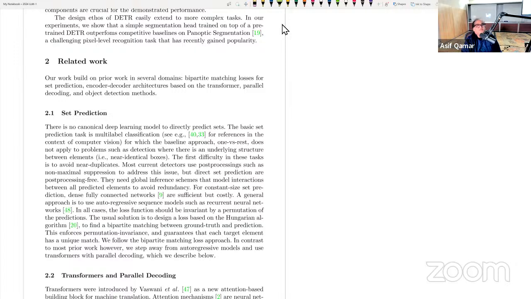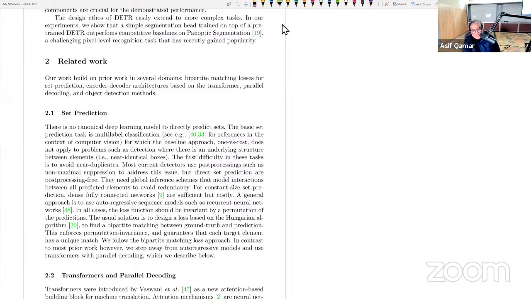Standardized. Canonical comes from the word canon. Canon is a set of standardization rules. So there is no standardized deep learning model to directly predict sets. The basic set prediction task is multi-label classification. Okay? It is this and this and this and so forth. Right? So classification.